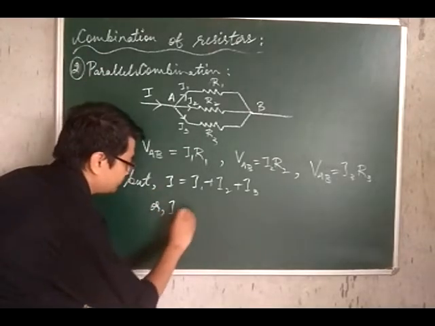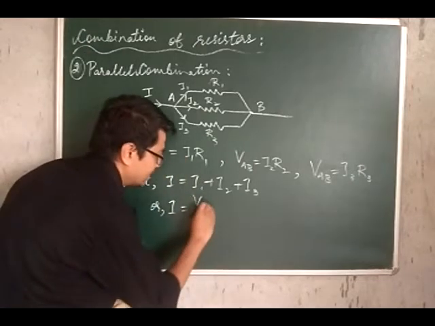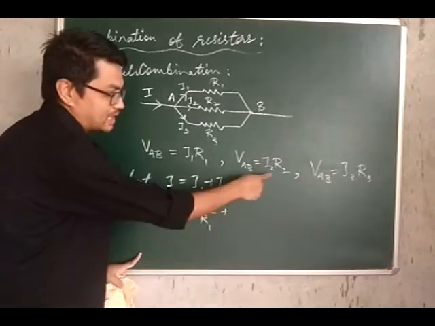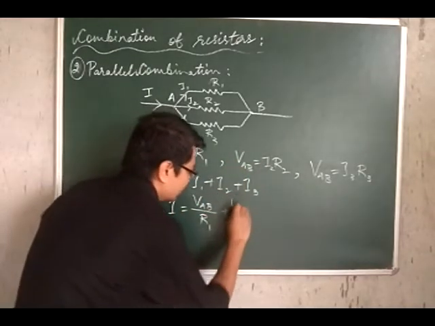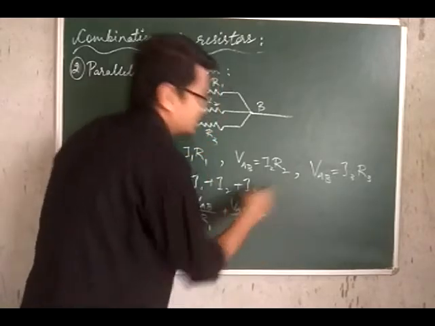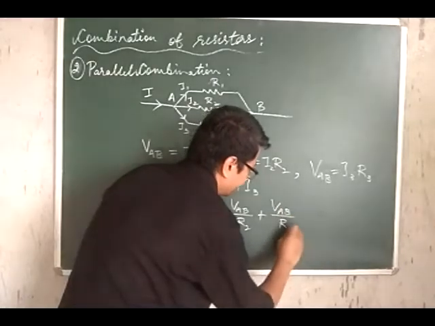So since we can write that, instead of I1 we are going to write VAB divided by R1, likewise I2 is VAB divided by R2, and likewise for I3 it's VAB divided by R3.